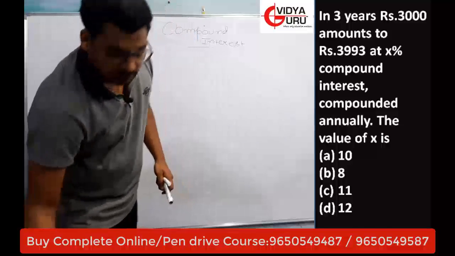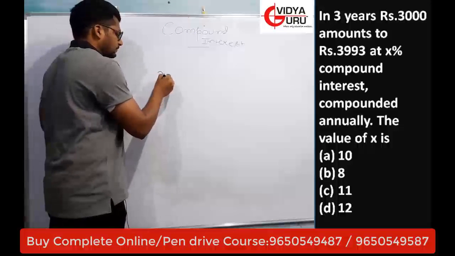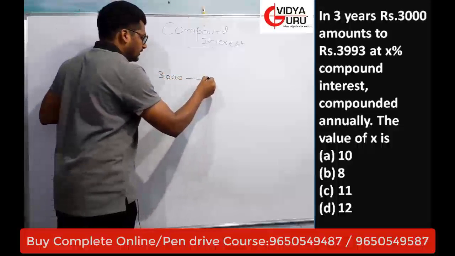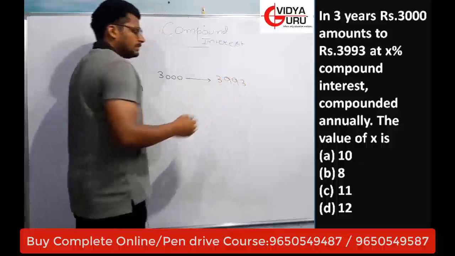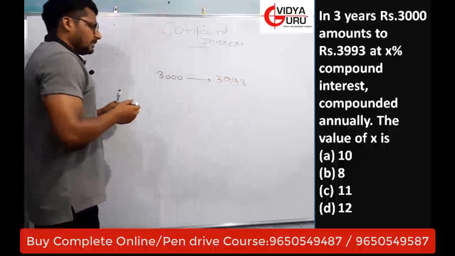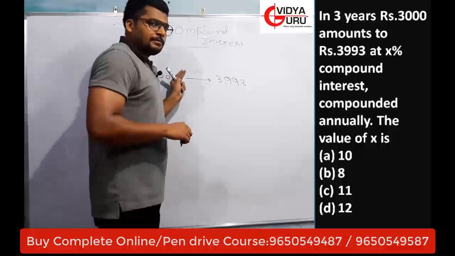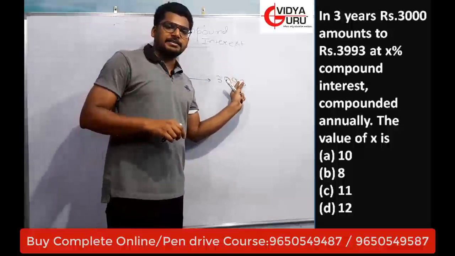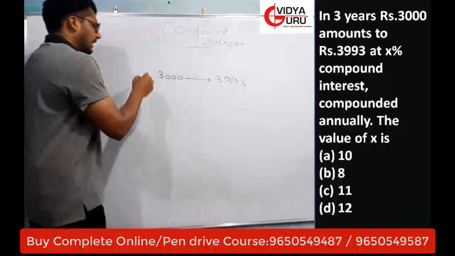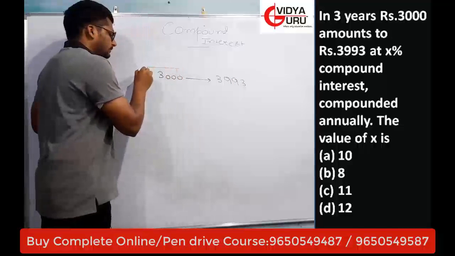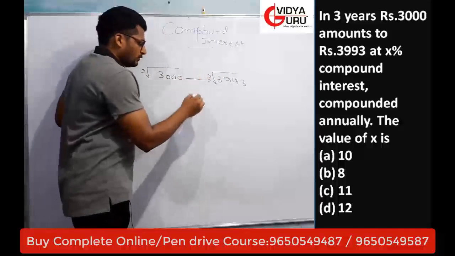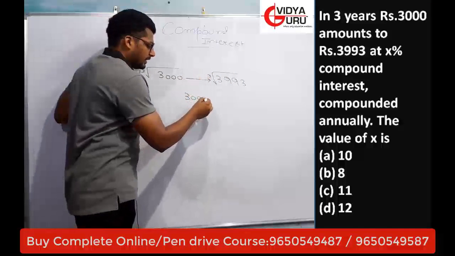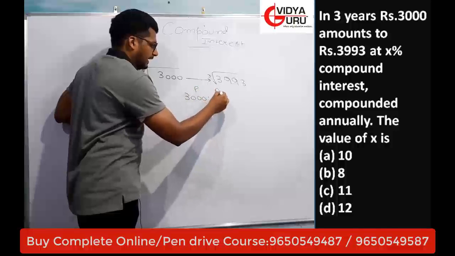So what is this question saying? The question is saying 3000 becomes 3993 in 3 years. That means three same things have been multiplied here and 3 same things have been multiplied here, and I have to take the cube root. 3000 is not a cube of any number, so we first need to take the ratio of principal and amount.